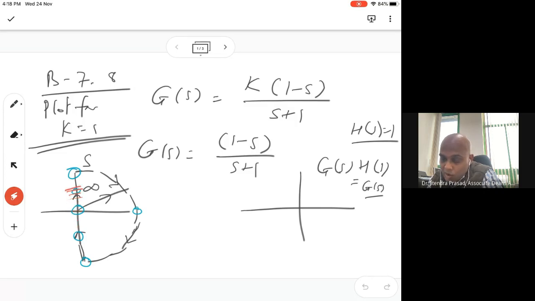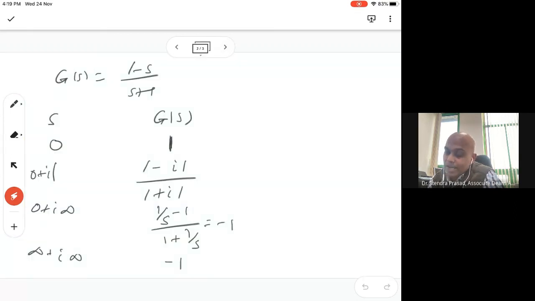You take a lot of points there, so that you have the big picture, like we take a lot of points here so that we have the plot of G(s) in high resolution. Anyway, here the idea is to show you how to plot it.